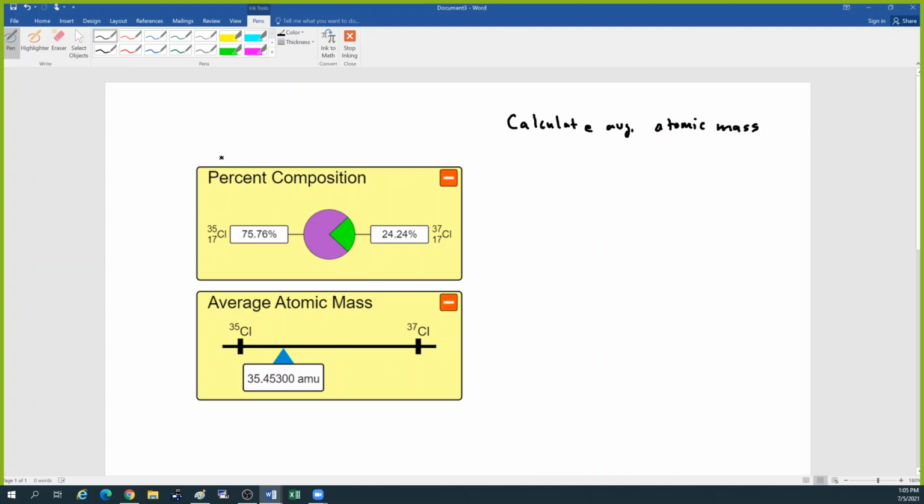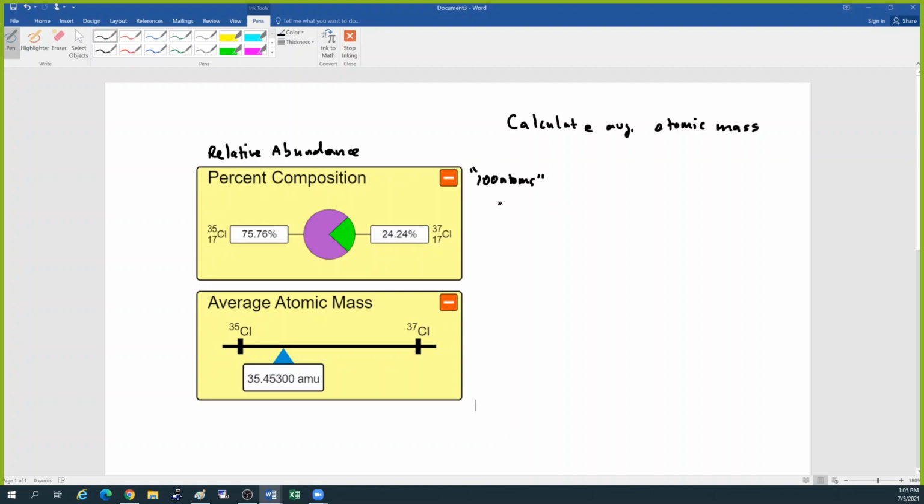This percent composition, you might also see it called the relative abundance, which is just the percentages of each isotope in the mixture. It's kind of like saying, if I had 100 atoms, and obviously it's not literally 100 atoms, but because we're working in percentages, that makes the math conceptually easier.